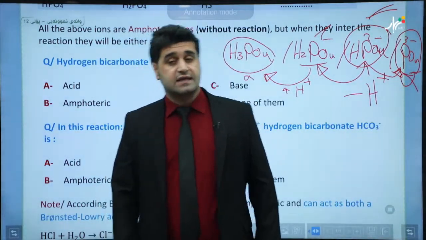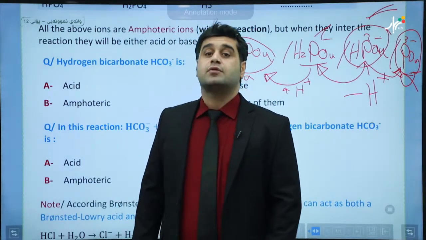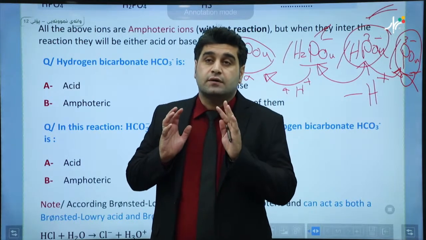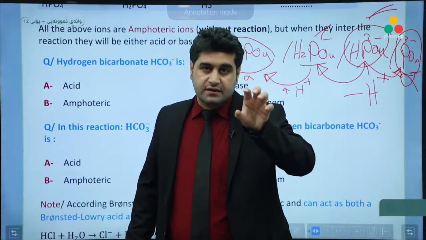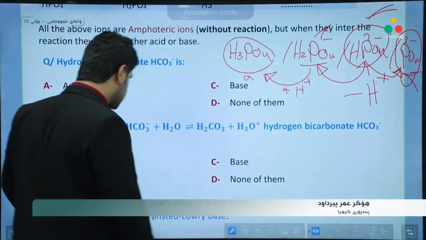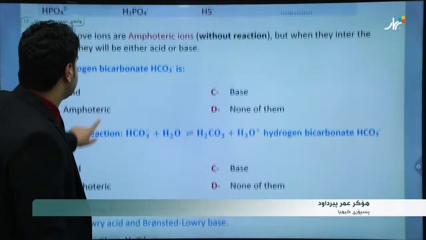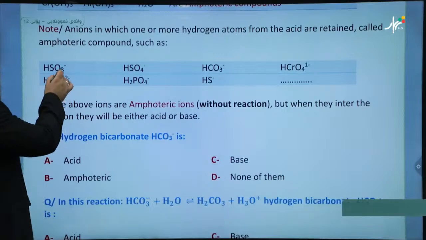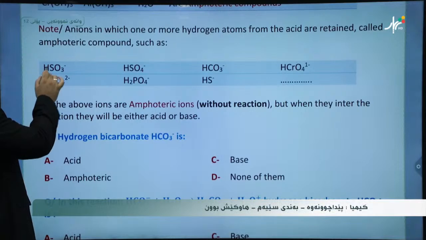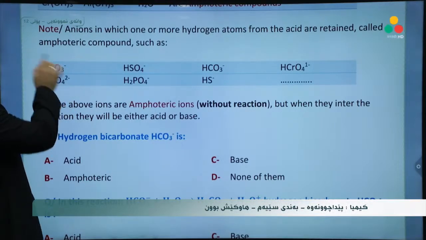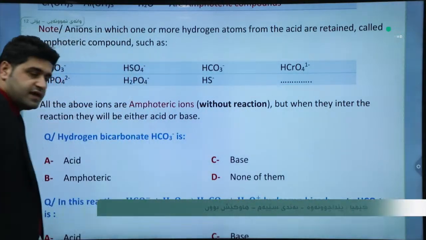Now we understand that when a polyprotic acid releases its first proton and remains with a proton, when it becomes the anion, it will be an amphoteric ion. Let's see. HSO3 can return back to H2SO3 or SO3, gaining or releasing a proton. So it's amphoteric. We know that. It's very easy.